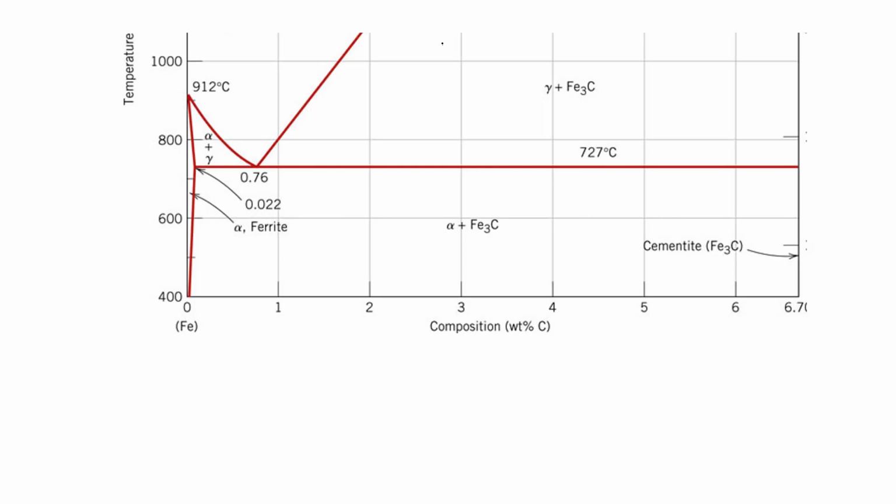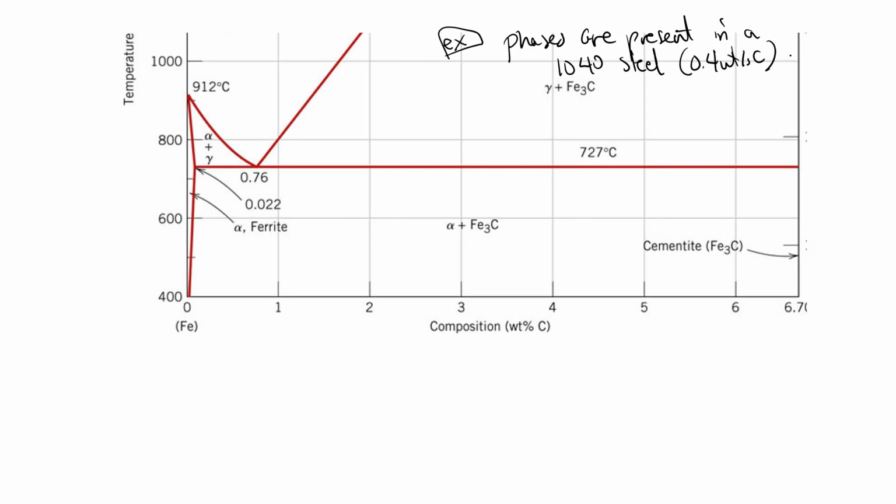We're going to do an example and figure out what phases are present in a 1040 steel that has 0.4 weight% carbon at low temperature, like room temperature.